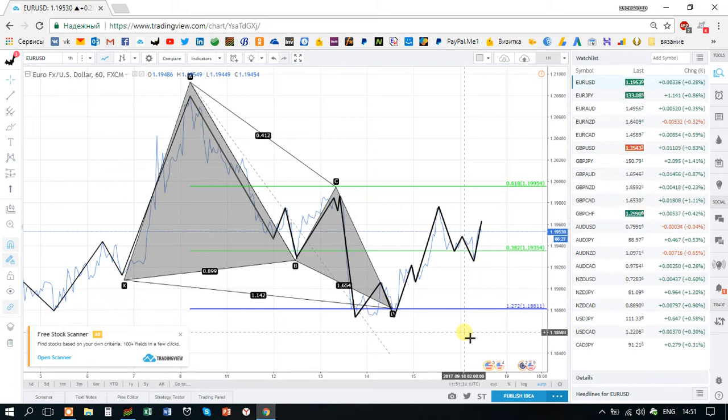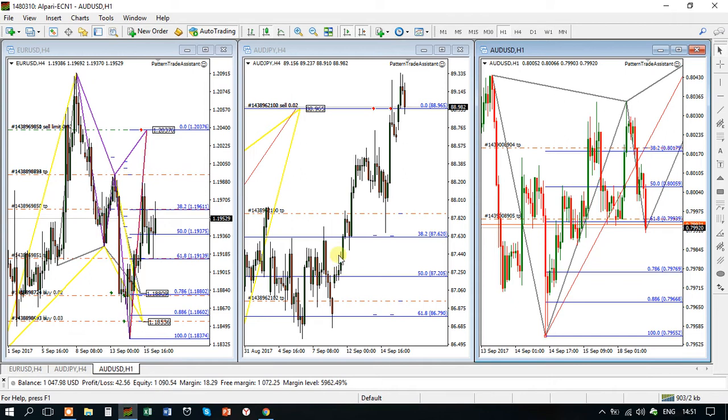Okay, so first I had some questions about the Pattern Trade Assistant. Pattern Trade Assistant is an expert advisor. It is actually a robot that does automated target adjustment, automated trade break even, automated placement of the trades with stops and targets, and automated calculation of the corresponding position size, the position size that is set in the settings.